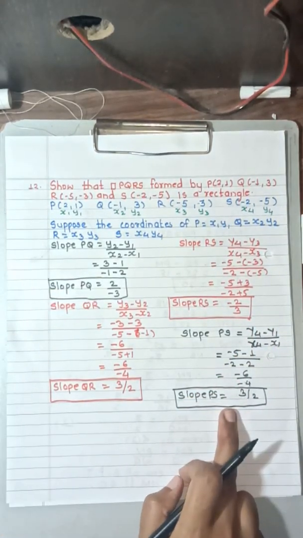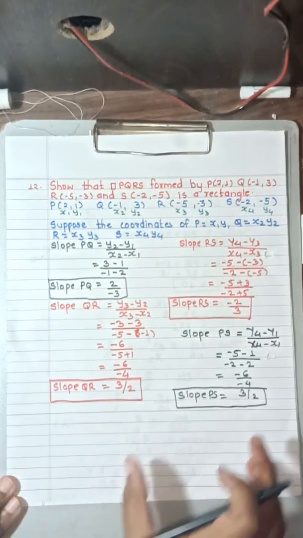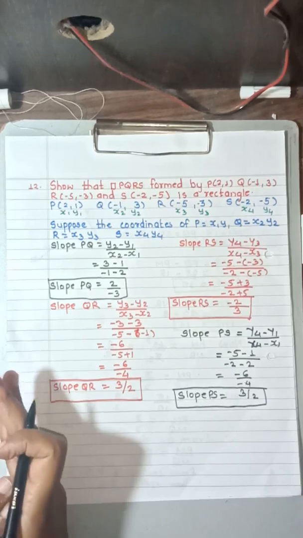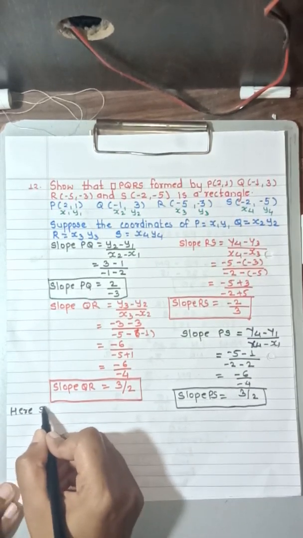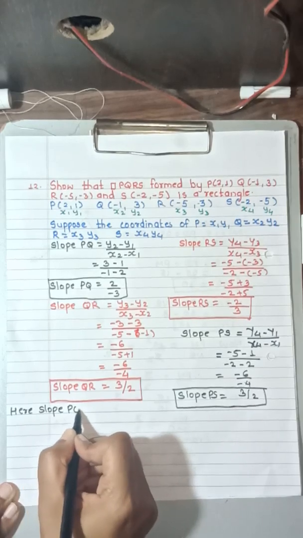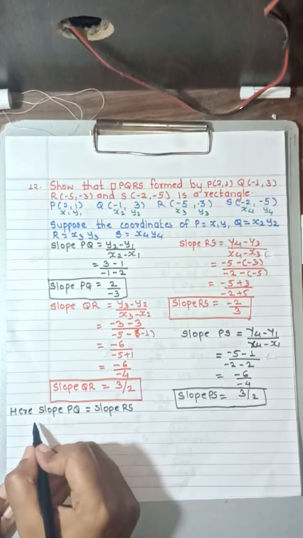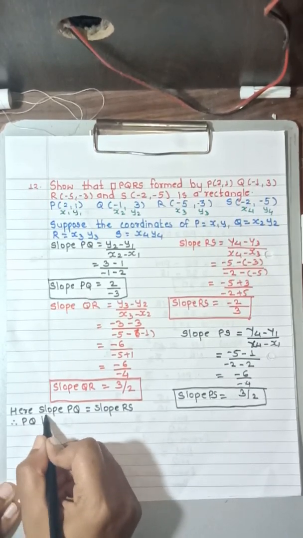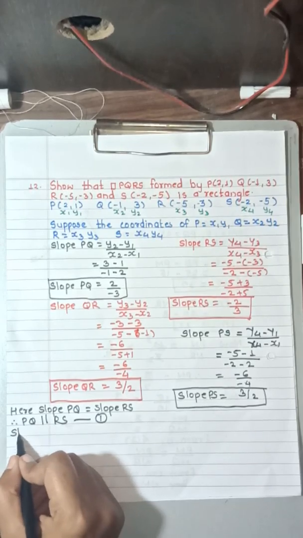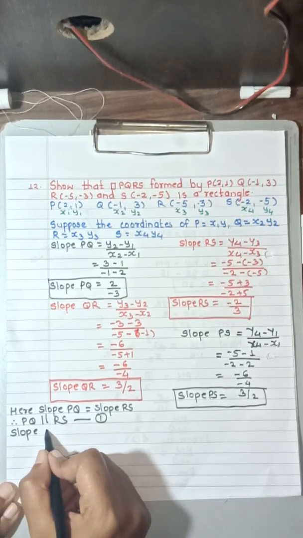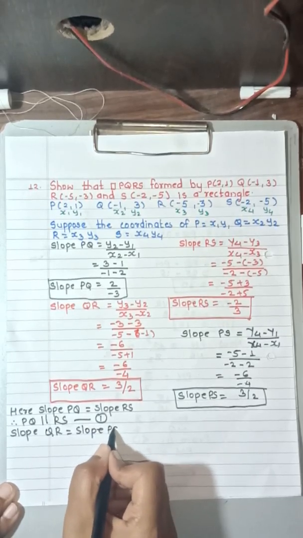Okay, now I'll just write down here. I'll require this space to prove it is a rectangle, so I'll start from this end. Here slope PQ is equal to slope RS. Therefore PQ is parallel to RS. This is your equation 1. Okay, similarly slope QR is equal to slope PS.